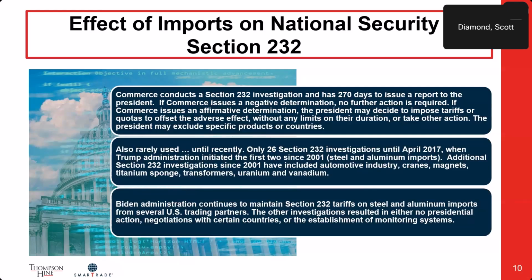And once received, Commerce turns it over to the Bureau of Industry and Security to conduct a formal investigation. And obviously, since this is national security related, Commerce will consult the Department of Defense as well as any other agencies deemed necessary.